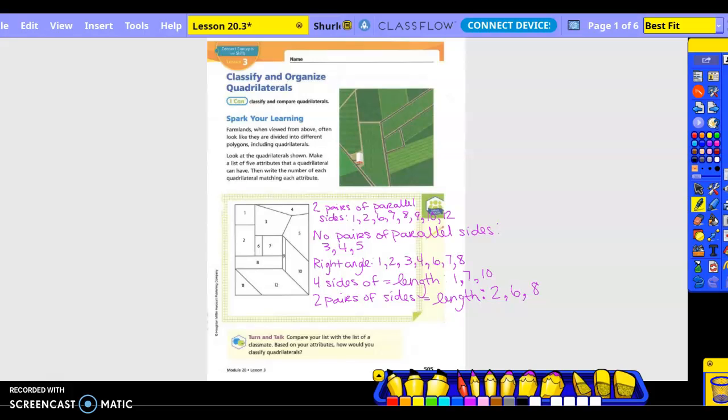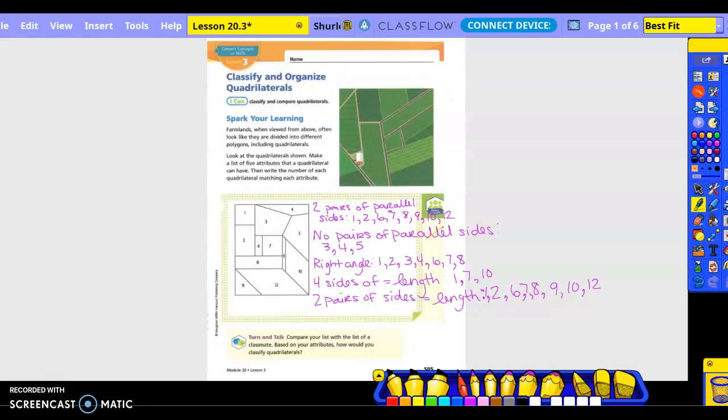No, but guys, we could add in 1 because there's still 2 pairs. So 1, 2, 6, 7, 8, no. What about 9? Yes. Okay, so 9, and then we can add in 10, right? And then 12.